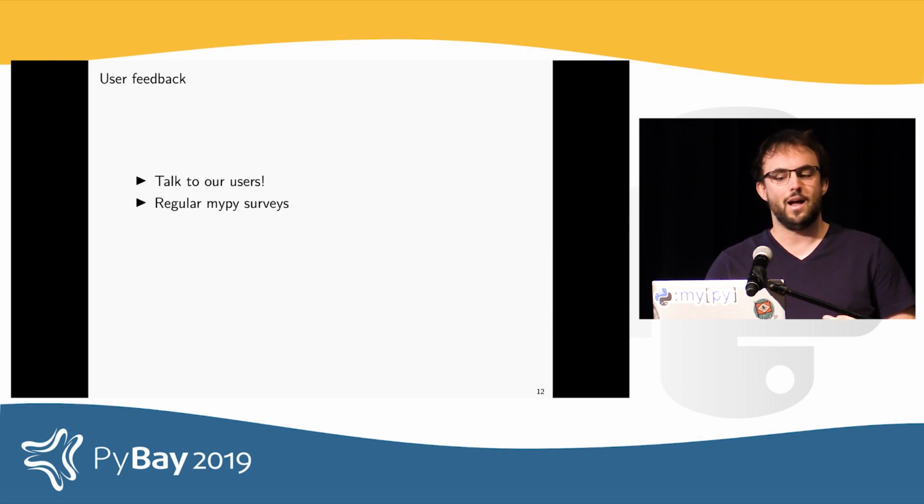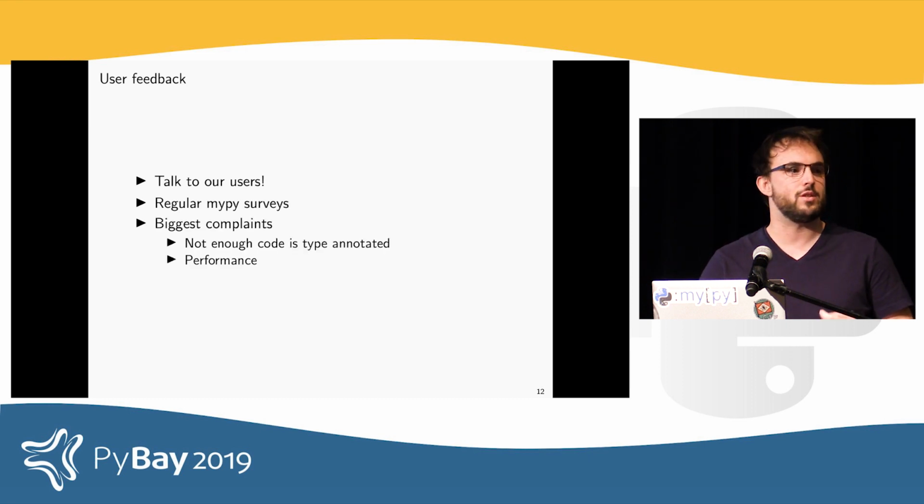One of the first things we did as part of this is make sure to talk to our users. We put out regular surveys every quarter or two quarters or so to try to get a pulse on what the engineers at Dropbox think about the tool we build. And gratifyingly to us, there's usually in every survey one person who says typing Python is a terrible idea and you should not be doing it, and we are wasting our money by employing you.